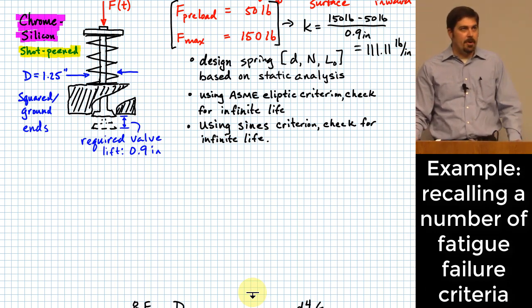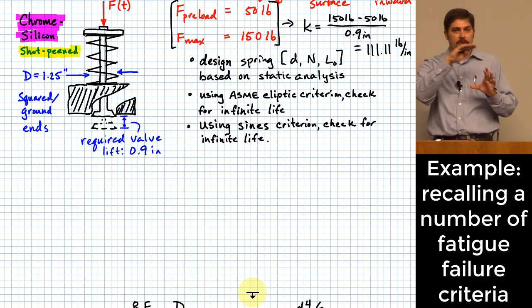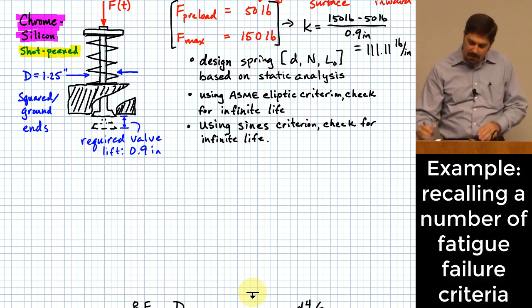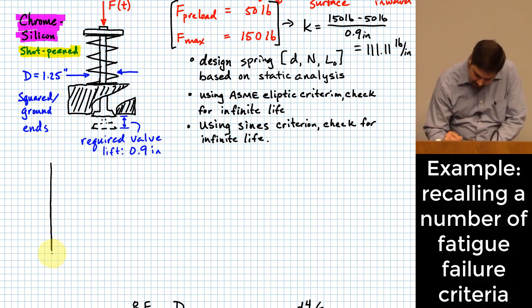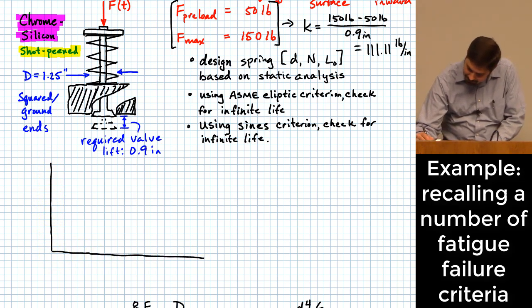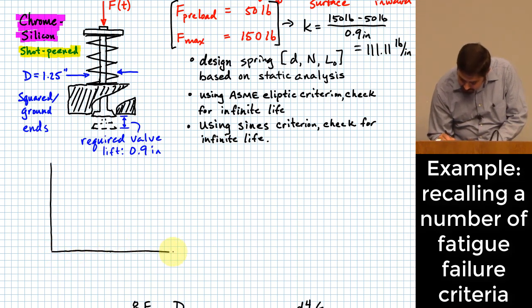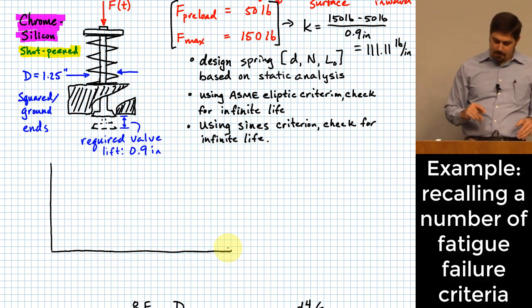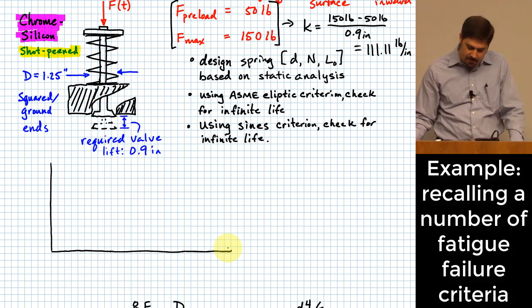You might remember that we had a few plots that described our failure locus plots for fatigue. And you may remember that they looked something like this, right? They were on a set of axes that involved mid-range and alternating stress, as well as endurance limit and some sort of a static strength value for a piece of material.